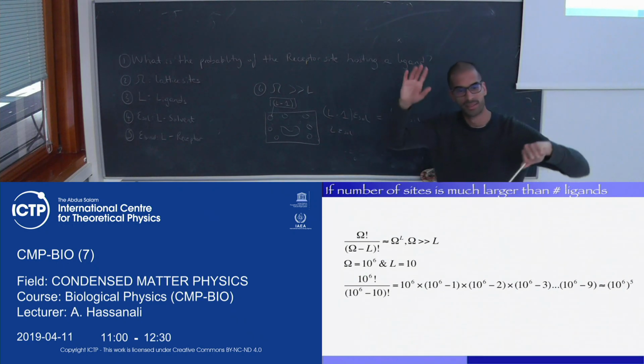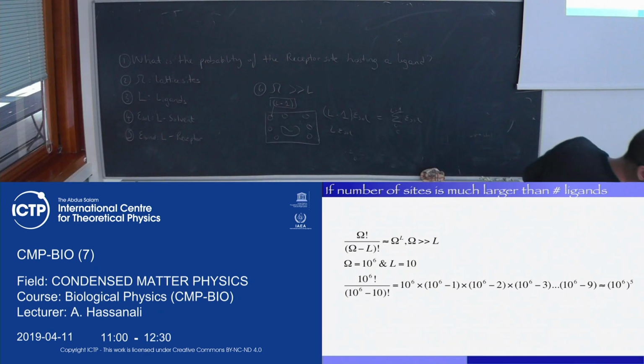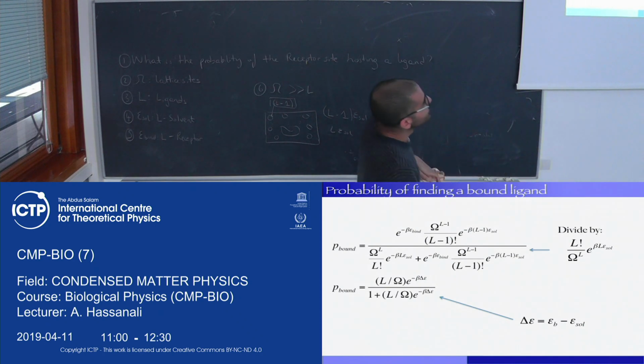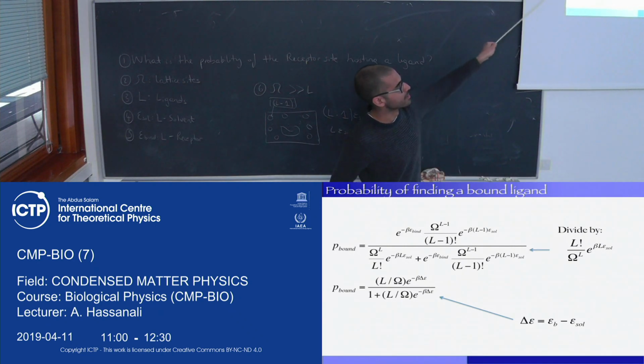So it dominates compared to the other terms, only when omega is much bigger than L, which is the case for our model. You do a bunch of simplifications, you write this ratio, and with a bit of math, you get something that looks like this. And this is what we want.